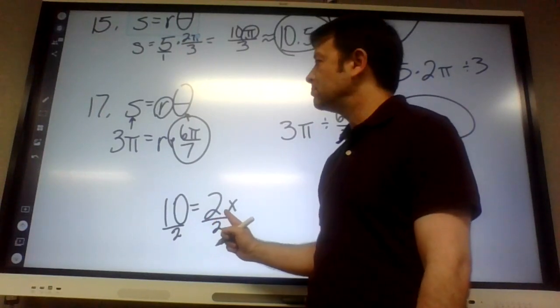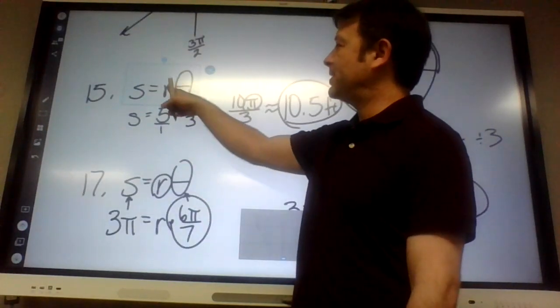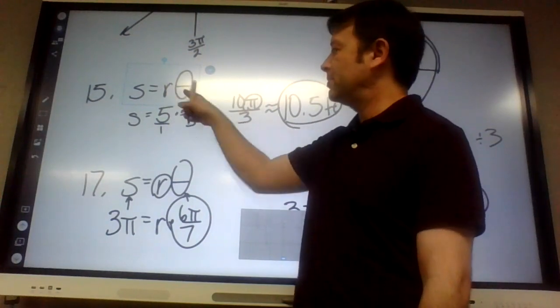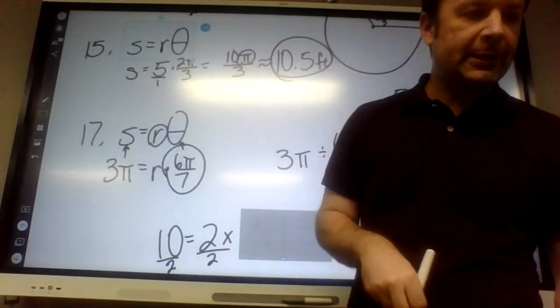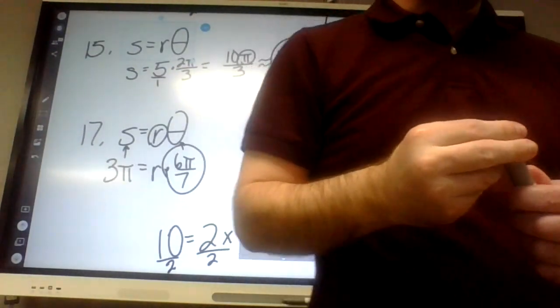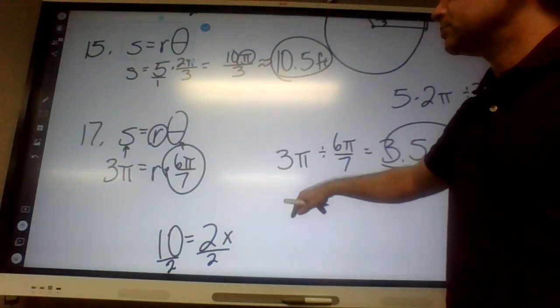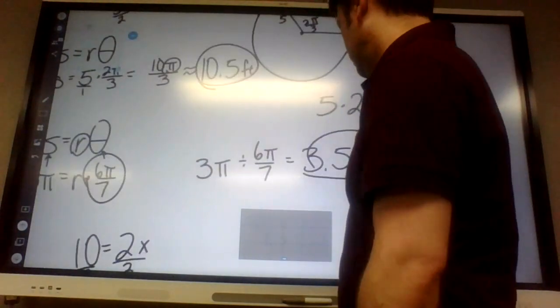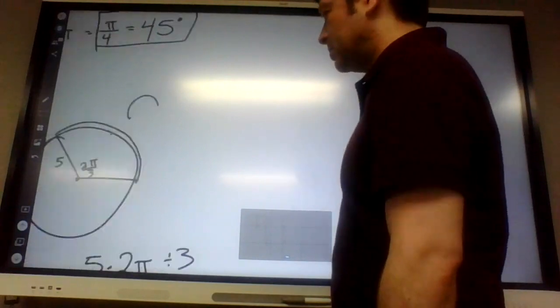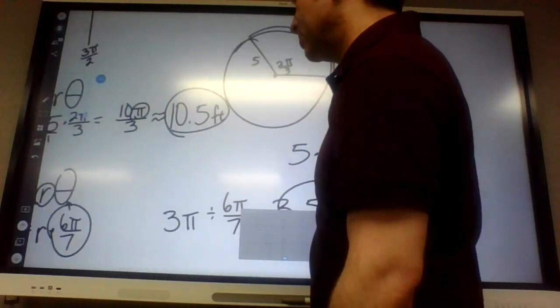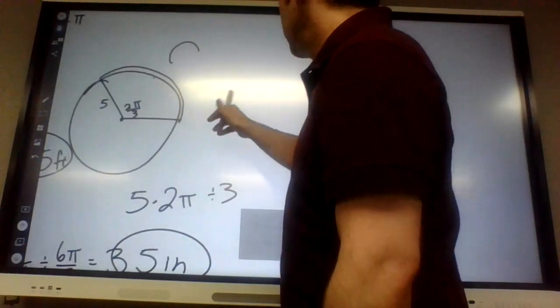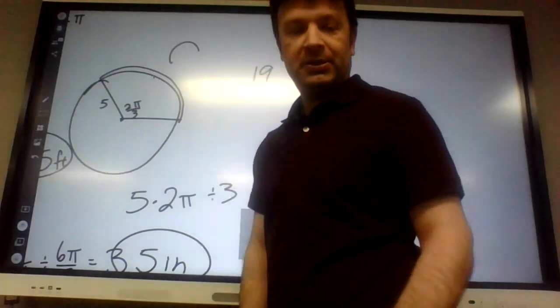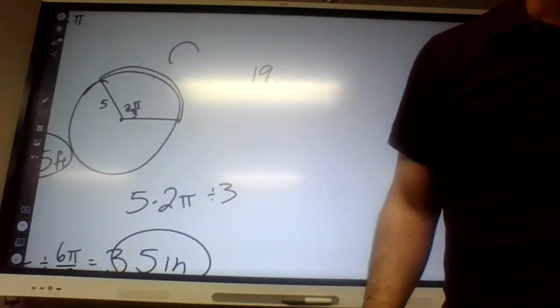Would you do the same thing for 20? 20 gives you theta and S, yeah, so it's the same as 17. Okay, then that's fine. How far are we going? 20? So what do you do on 18 when it's R and S?